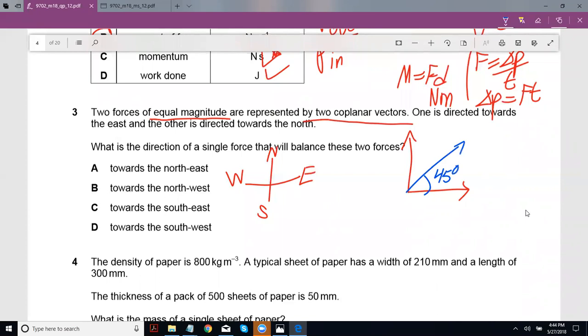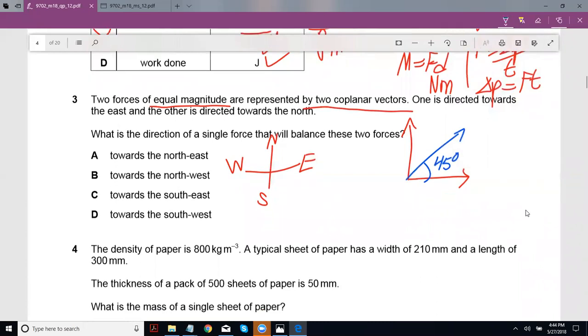If you don't get this, think of it like this. This is the one towards the east. This is the one towards the north. And this is the resultant. So maybe now it's easier for you to visualize why that's the resultant.